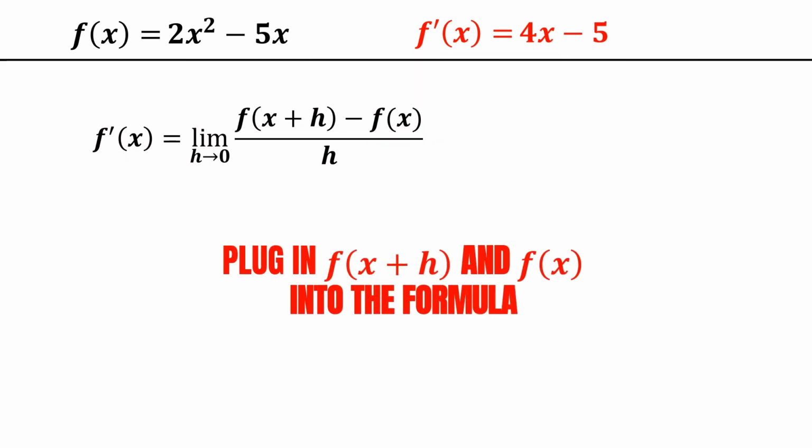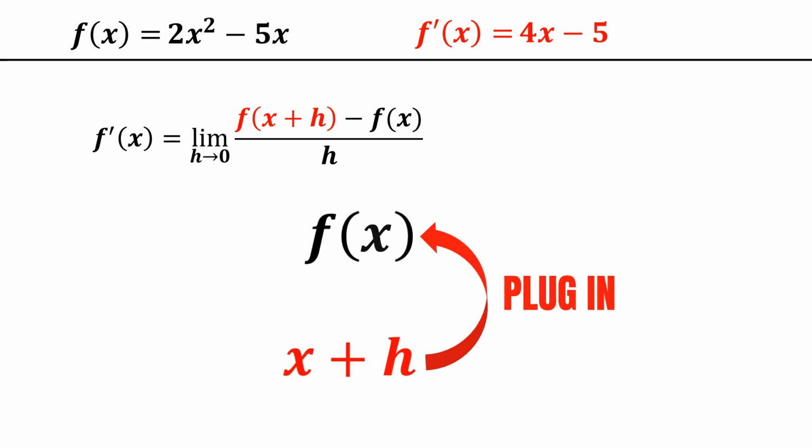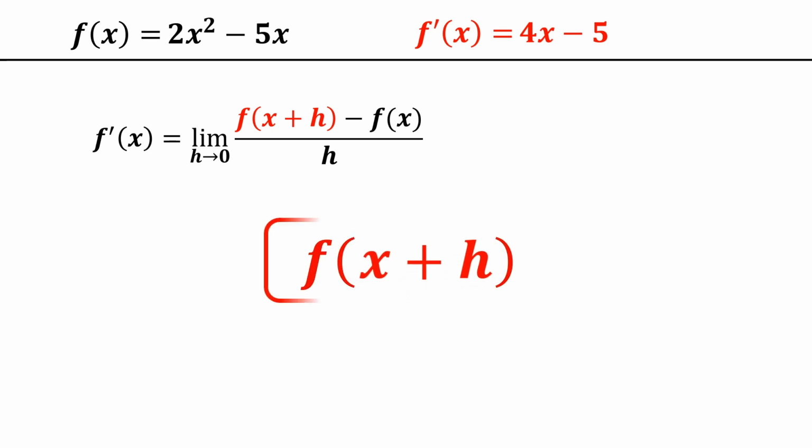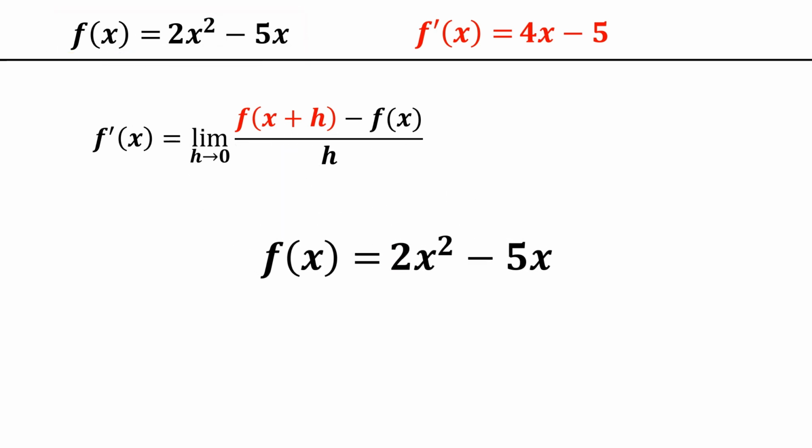Now, let's start solving this example. The first thing we want to do here is to plug in f(x + h) and f(x) into the formula. For f(x + h), it means that when we have a function f(x) and we want to plug in x + h into it, that's how we get f(x + h). In this case, our function f(x) is equal to 2x² − 5x, and notice that we have two variable x inside of it.